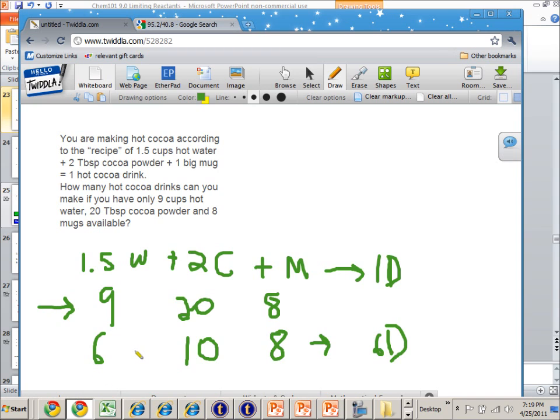So we need to compare what's going on in the balanced chemical reaction to what's given for moles. Not just look at number of moles and say, this is the smallest number of moles, therefore that's the limiting reagent. No. It's the number of times the moles given are the moles in the balanced chemical reaction.